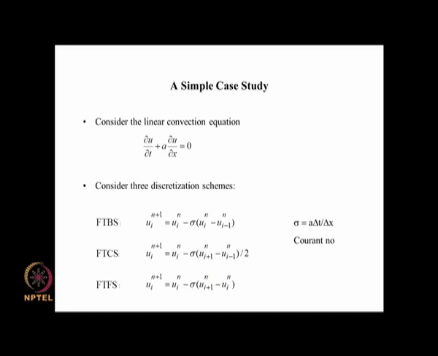We considered the explicit difference schemes: forward in time backward in space, forward in time central in space, and forward in time forward in space. We expressed the discretized equation as a function of the Courant number sigma, given by a Δt/Δx, and since these are all explicit methods, we can march forward in time and space.